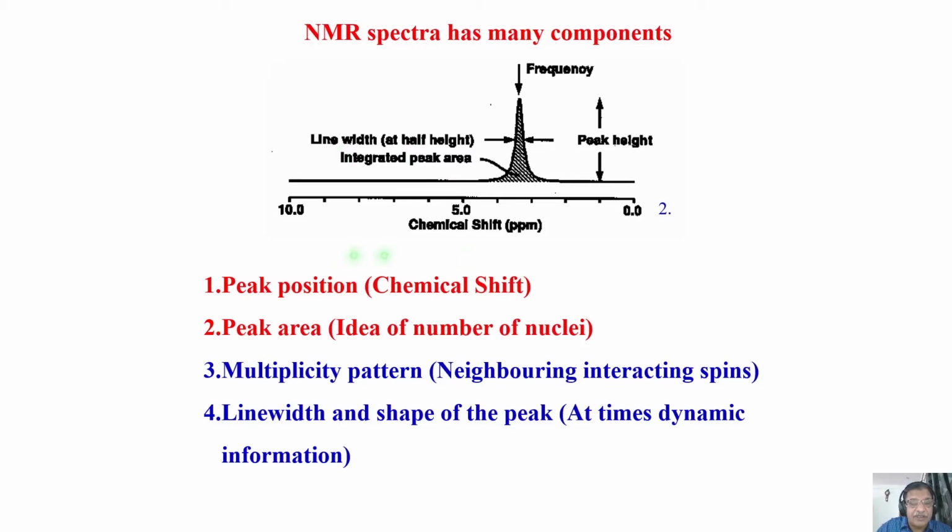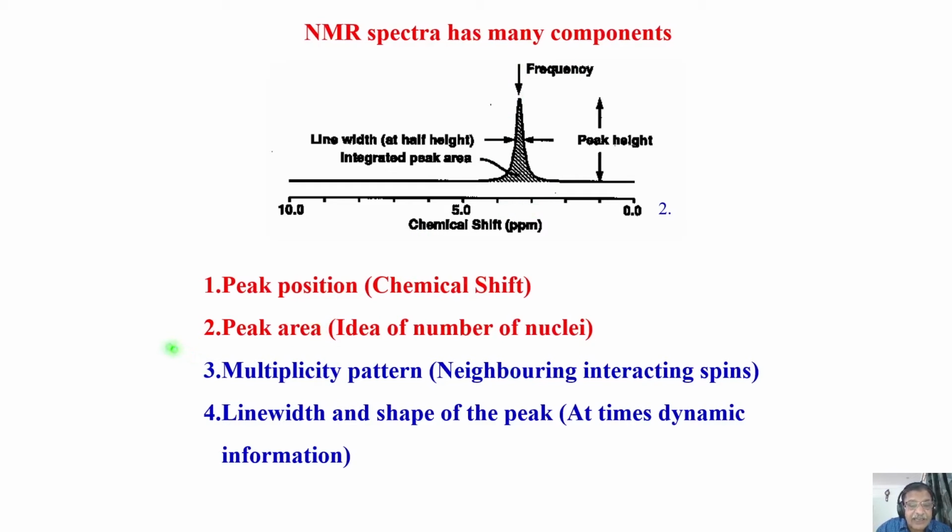First, we understood the peak position in the last couple of classes, that is chemical shift, where it comes with respect to a reference. Now we also understood the peak area, which tells us the number of protons responsible for that peak.